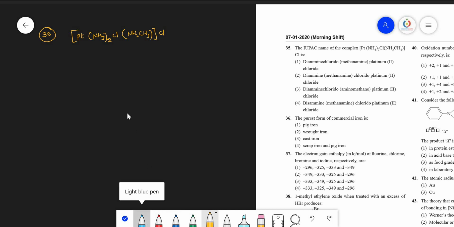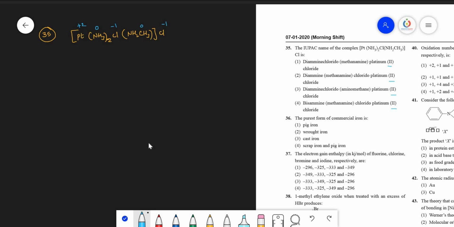The important thing to be noticed here is, first of all, we have to calculate the oxidation state of platinum. We know that ammonia is a neutral ligand and this is also a neutral ligand, so they don't carry any charge. Chlorine carries a -1 charge. This chloride carries a -1 charge. So to neutralize these two minus charges, platinum has to exhibit a +2 charge. That's why most of the answers put the +2 charge, so that there is no doubt about the oxidation state of platinum.